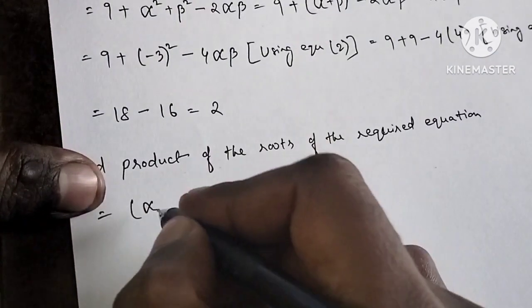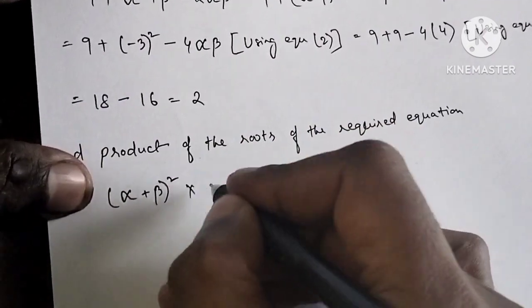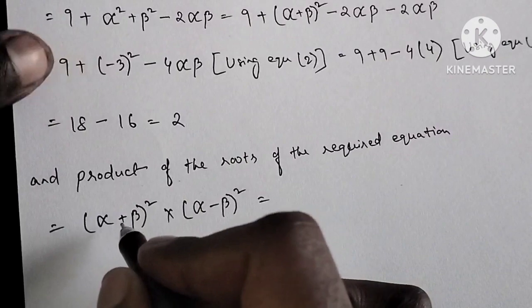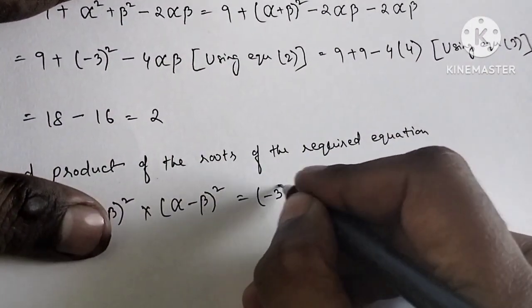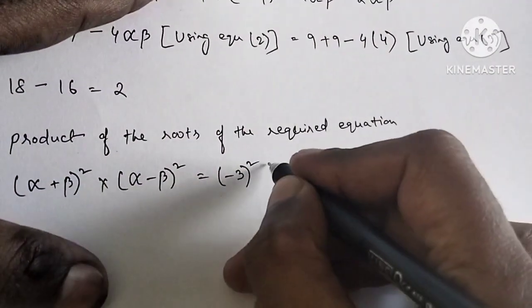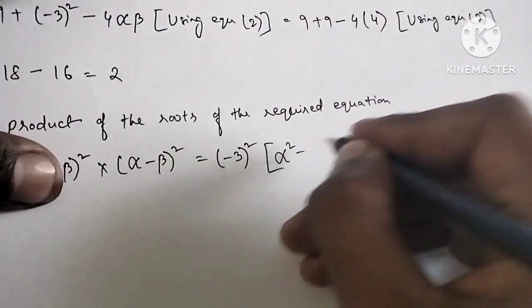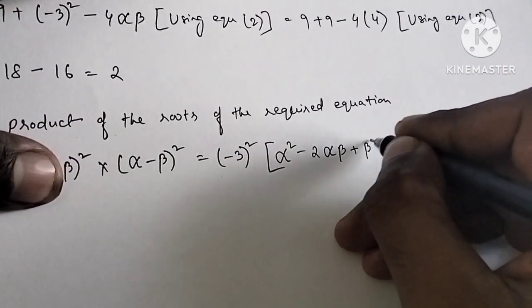(Alpha plus beta) whole square into (alpha minus beta) whole square. So alpha plus beta, we all know, is minus 3, so (minus 3) square into (alpha minus beta) whole square, alpha square minus 2 alpha beta plus beta square.